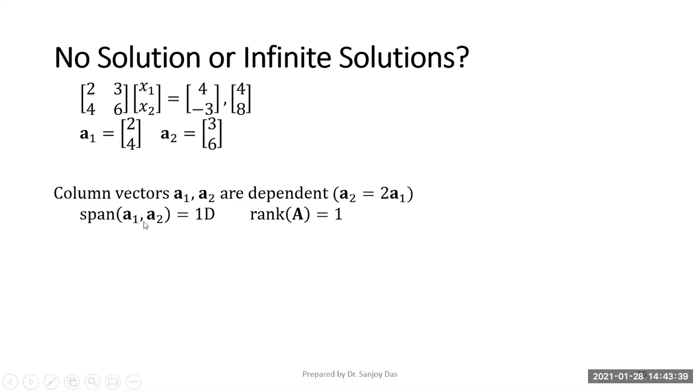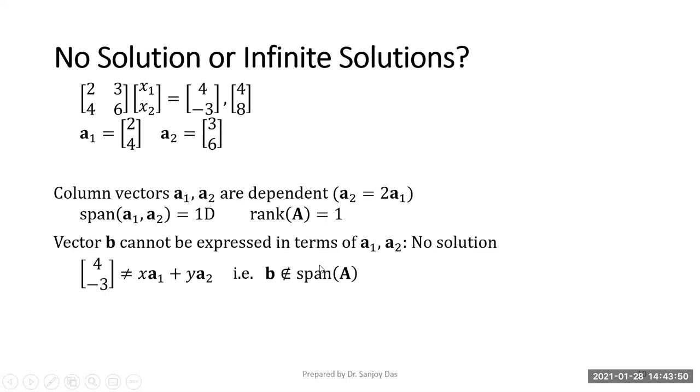Now, the span of A1, A2 is one dimension. And the rank of A is also one. Equivalent statements. So any vector B cannot be expressed in terms of A1, A2. But if the vector B belongs to the span of A, then it can.